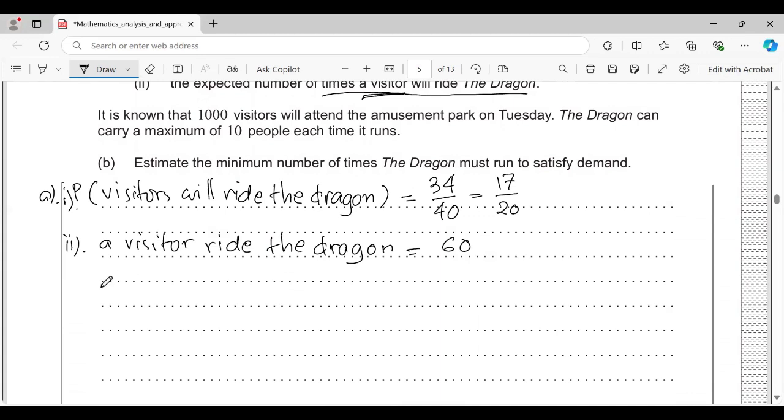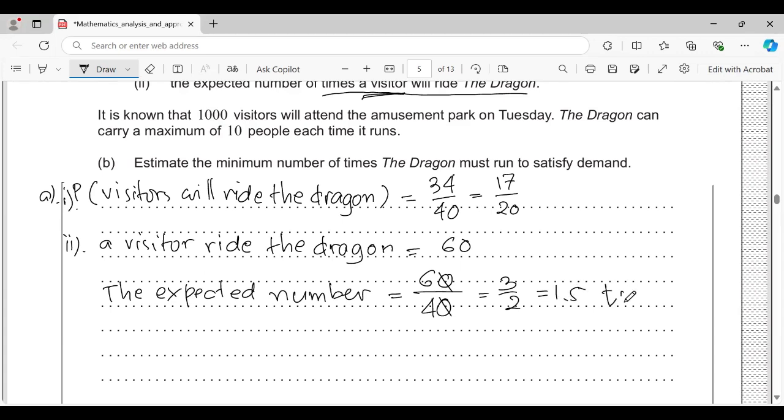Now the expected number is 60 over 40, so it is 3/2, and becomes 1.5 times.